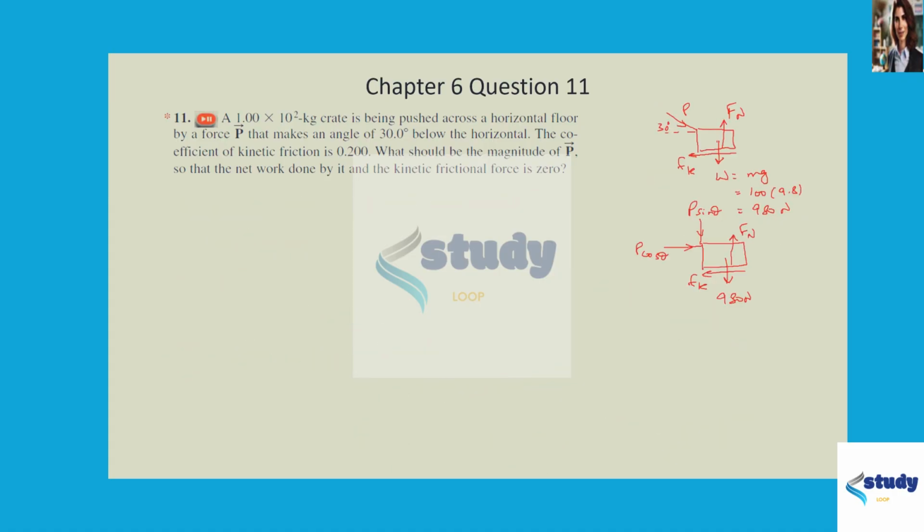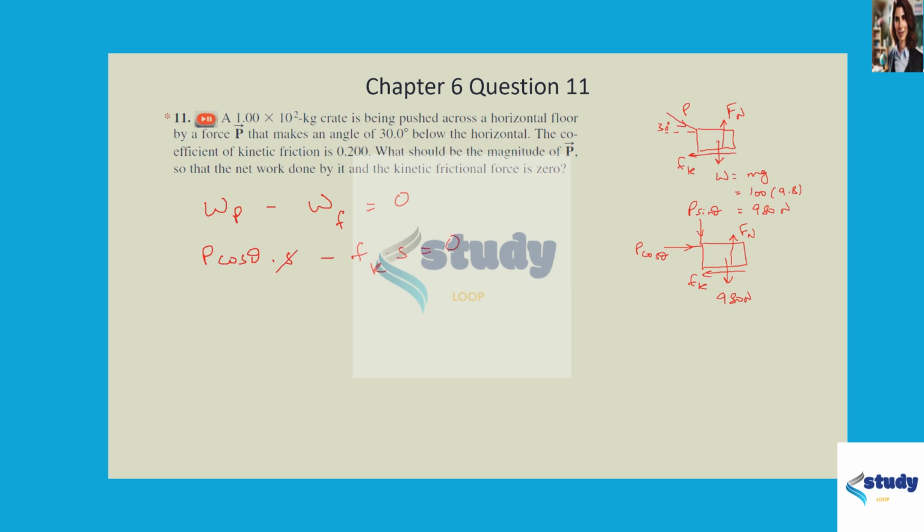Now we're going to use the idea that the work done by P minus the work done by the force of friction is equal to 0. So work done by P would be P cosine of theta times S, and work done by friction would be the force of friction times S, equal to 0.